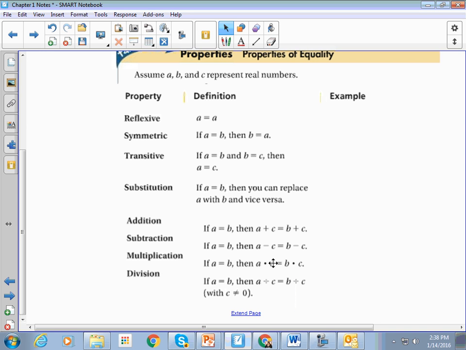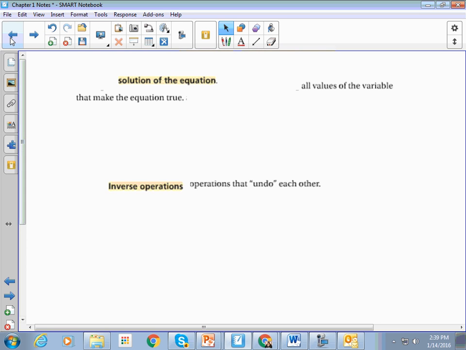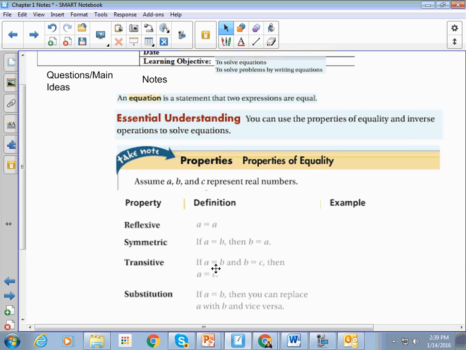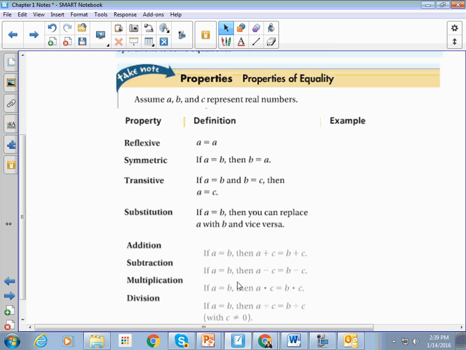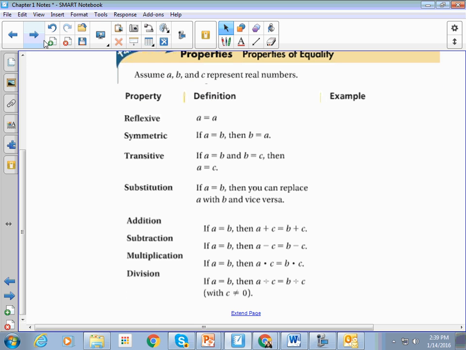Multiplication property: I can multiply both sides by any value C and still get an equivalent statement. And division property: I can divide both sides by the same amount and still preserve the equality of the equal sign. Okay, so make sure you write down all these properties and have them in your notes.